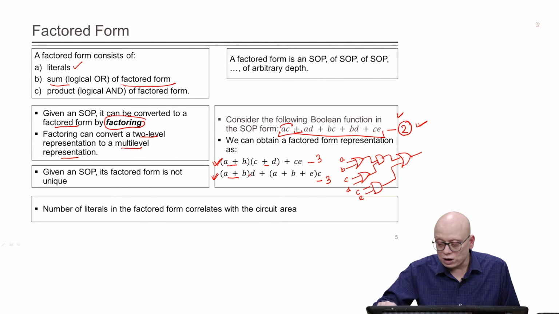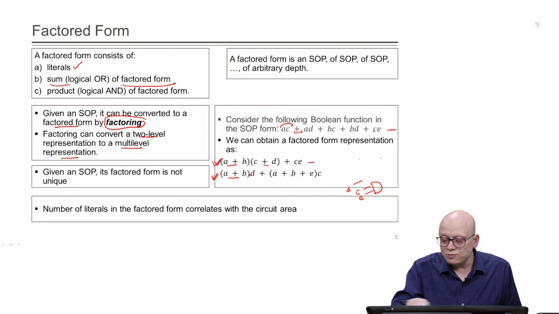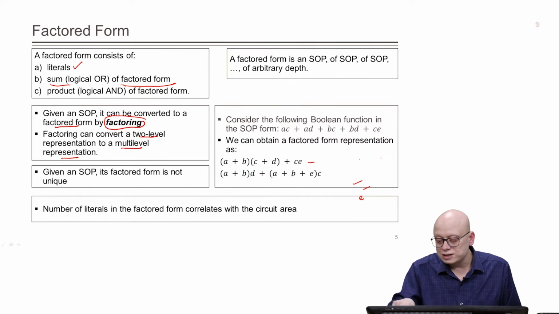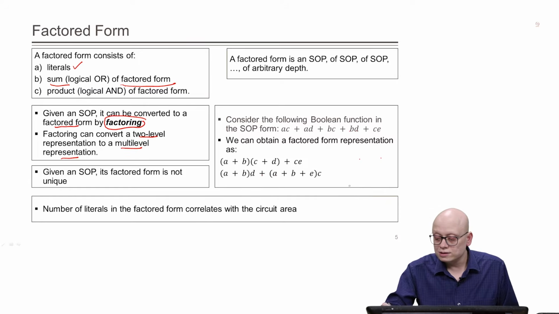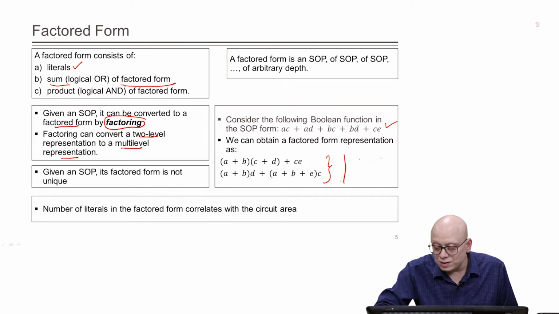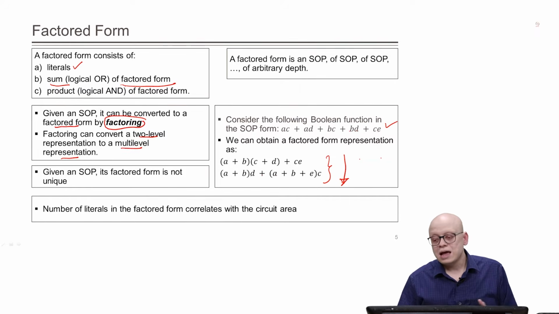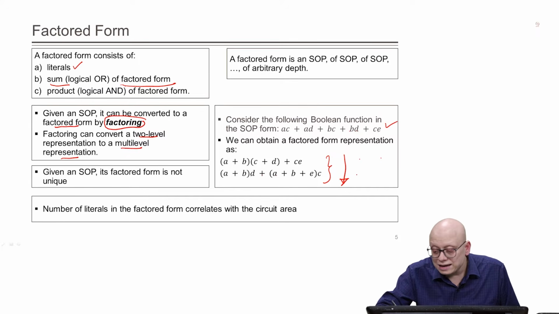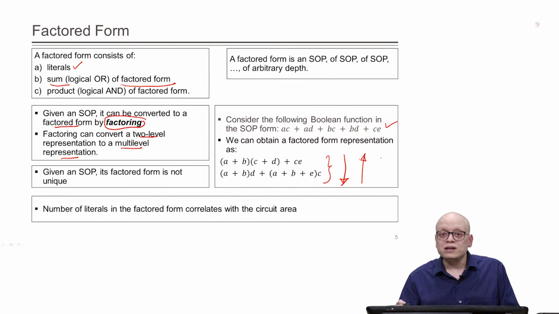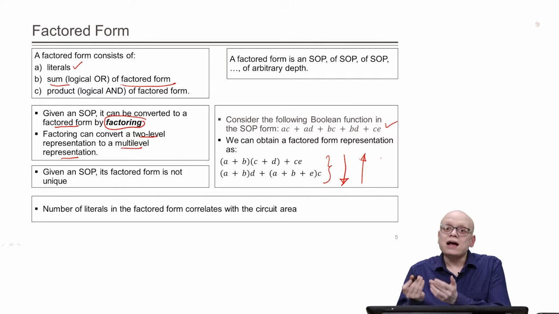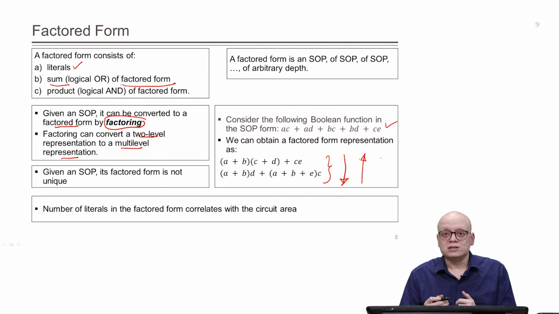So what we can say is that if we do factoring and we change a logic level from 2-level to multi-level, the area can come down. Why? Because the number of literals can be reduced and the delay will increase. So we have traded off the delay, meaning that we have increased the delay, we have increased the number of levels of logic and we have decreased the area of the circuit.